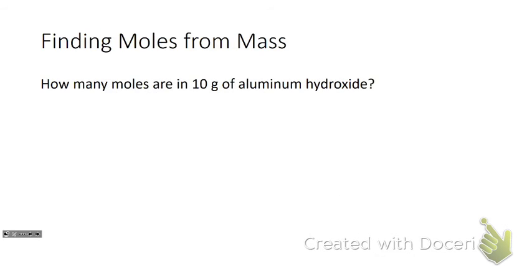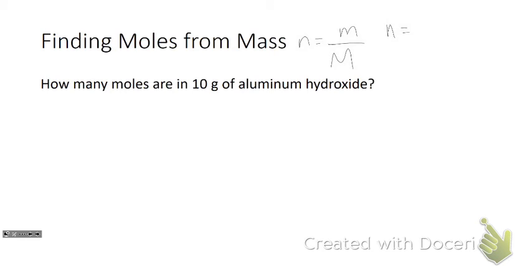Moving on. So finding moles from mass. So our formula from yesterday, n is equal to little m over big M. Okay, so I'm going to write that up here. What is n?